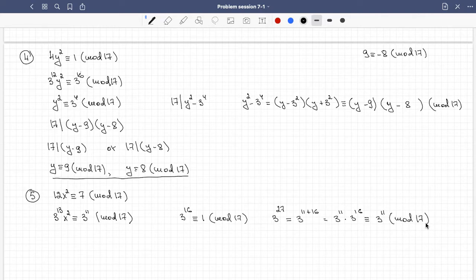So we rewrite it this way: 3 to the 13 x squared is congruent to 3 to the 27. This way we avoid negative powers, which possibly are not convenient. We can write it as x squared is congruent to 3 to the power 27 minus 13, which is 14.